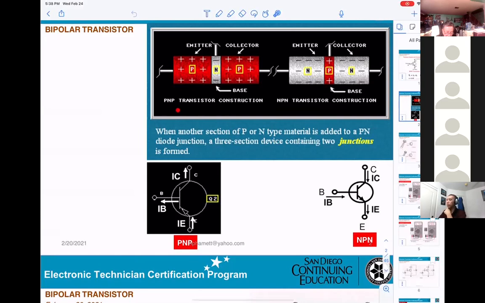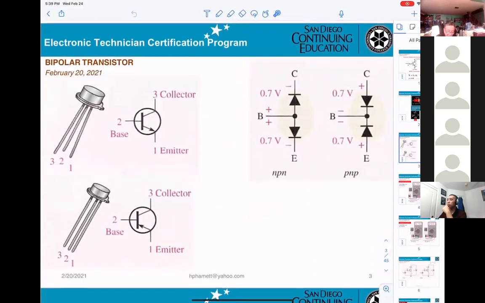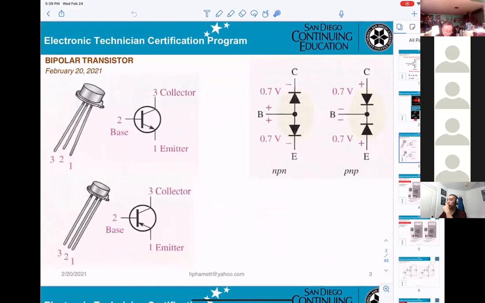So when another section of P or N type material is added to a PN diode junction, a 3-section device contains 2 junctions. Now you can see that more easily inside the transistor. This is the base, collector, emitter. Basically, you get only two diodes. Two diodes can make up the transistor.